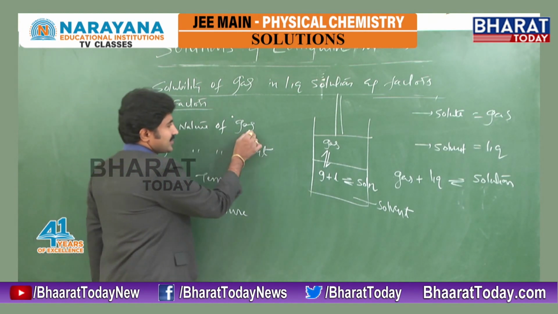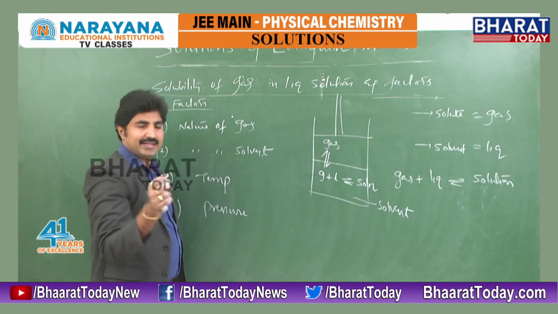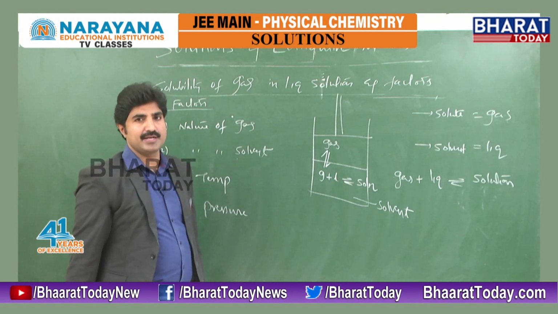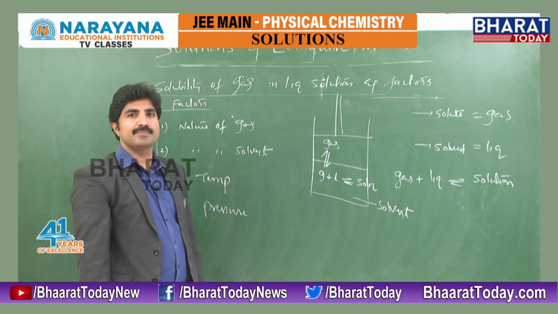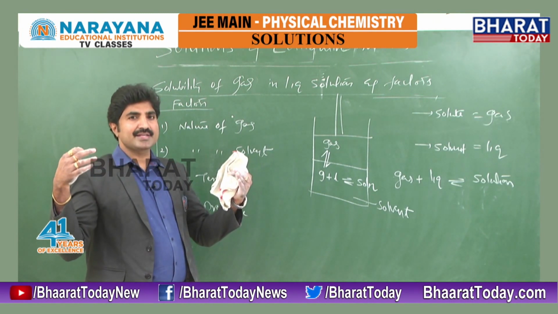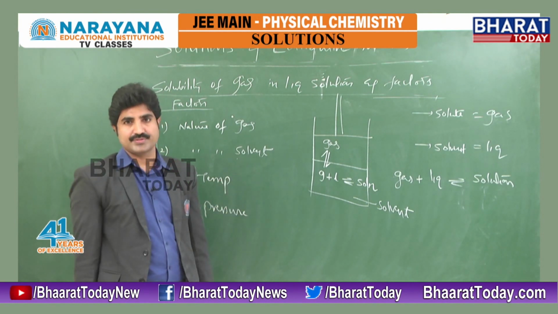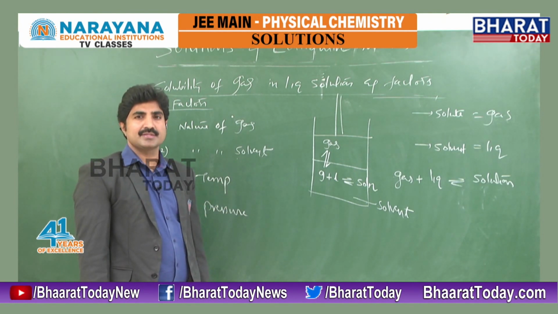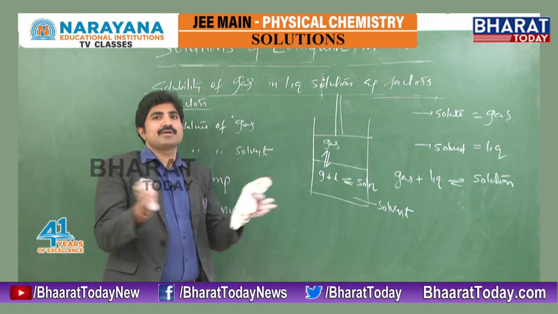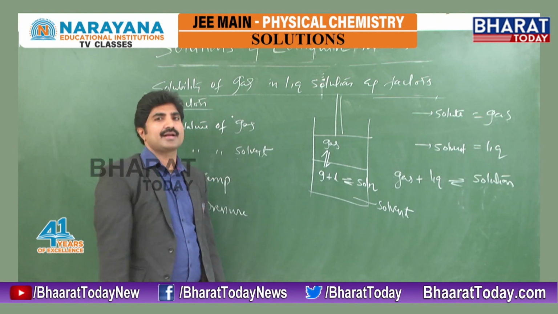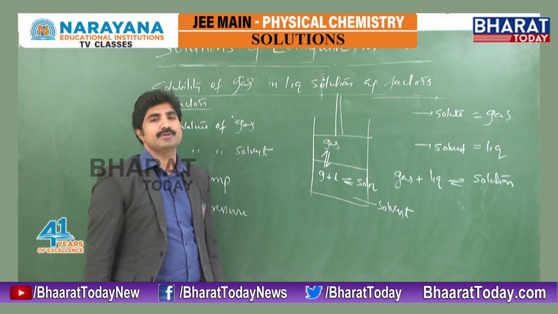Okay, when you take the nature of the gas, every gas has its own solubility. That solubility will be expressed by using the corresponding gas-gas interaction and gas-solvent interactions. If gas molecules come close, they are easily attracted, and those solubility will be more.